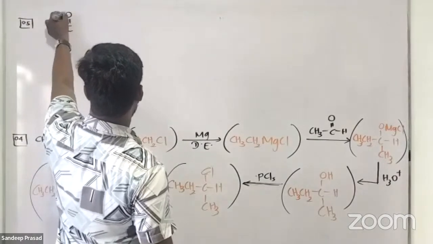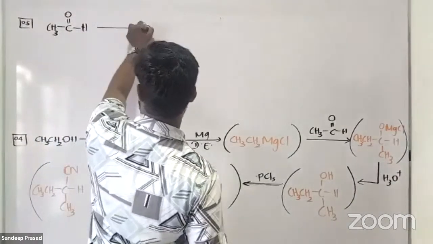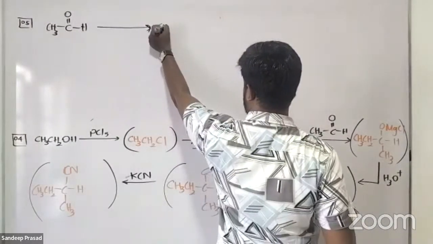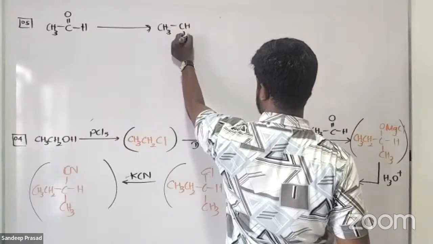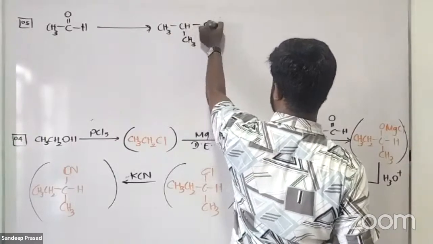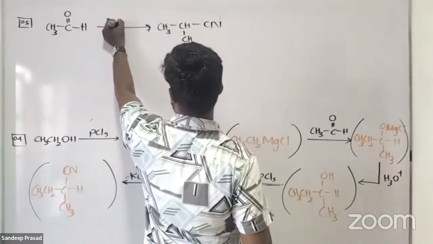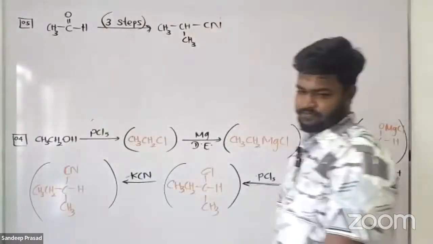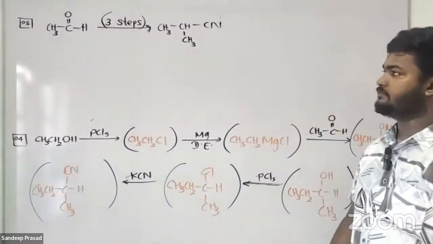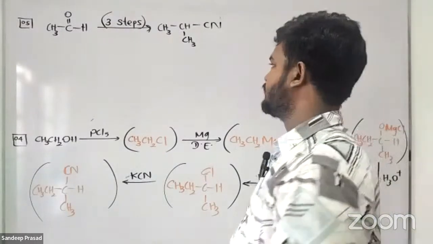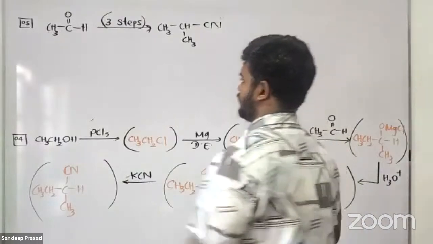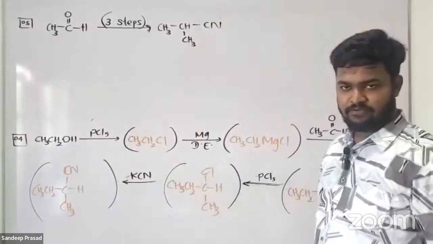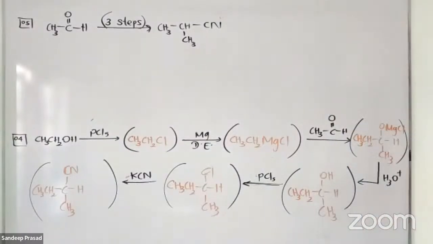We are starting from ethanol and you have to form a cyanide compound. Just 3 steps are enough to do this conversion. Try this one quickly now. Within 3 steps, 1, 2, 3, done. Conversion is done. Do that one.